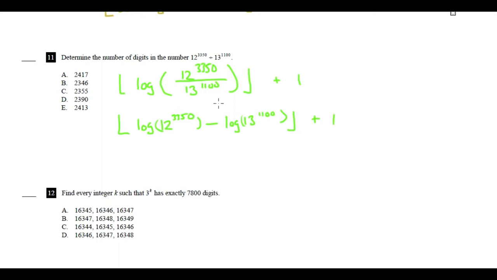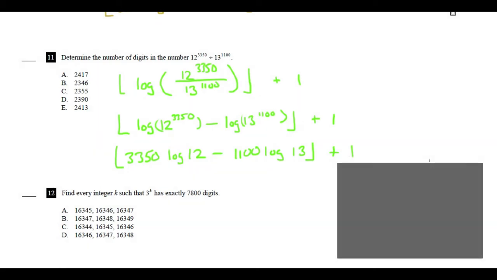So of course, just like last time, we can't evaluate any of this on our calculator. We'll get overflow errors until we use our product property, our power property, and move that power down in front. So this is equivalent to 3350 multiplied by log base 10 of 12 minus 1,100 multiplied by log base 10 of 13. And take the floor function of that difference and add 1, and we'll get our correct answer.